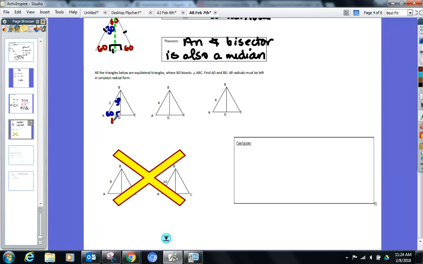I can't tell you off the top of my head what BD is, but do we have a method to find it? Go, Pythag, yes. Make sure you realize that BD is a leg, not a hypotenuse, when you're filling in that Pythagorean theorem. Good. We're getting it.